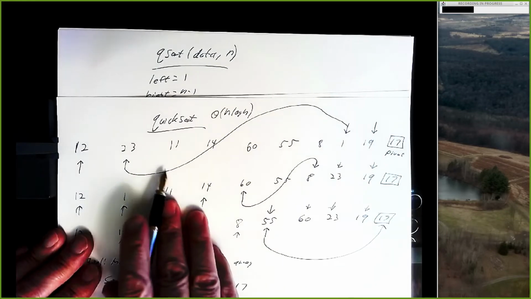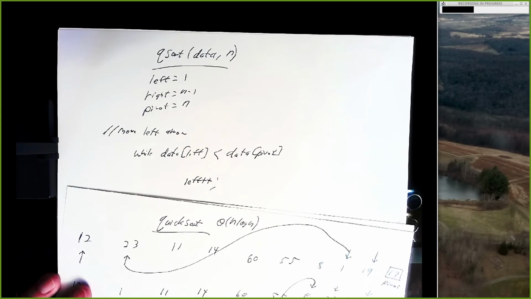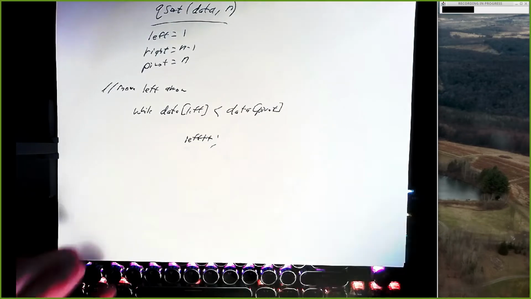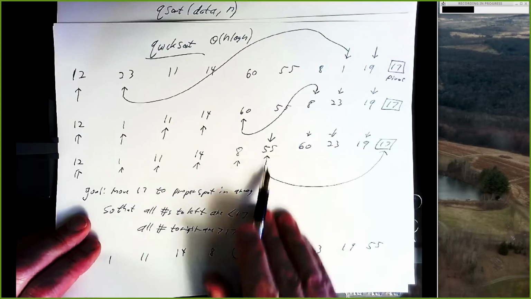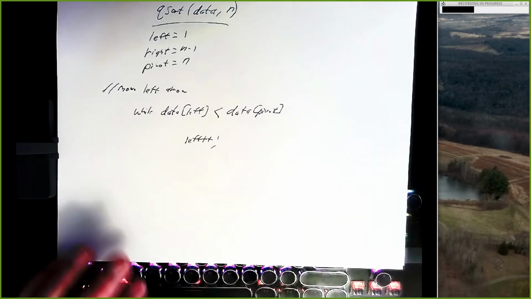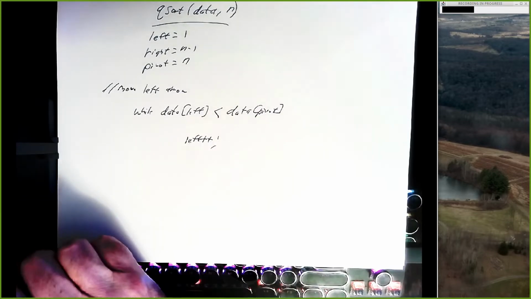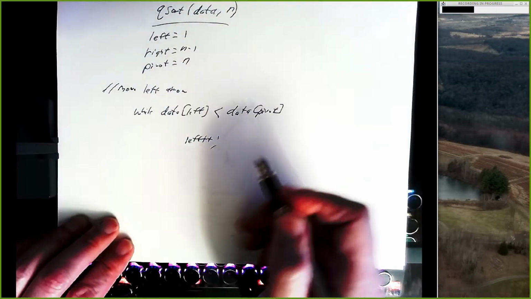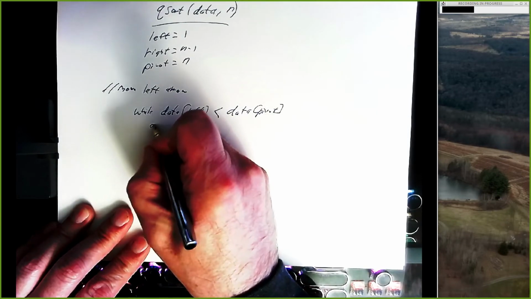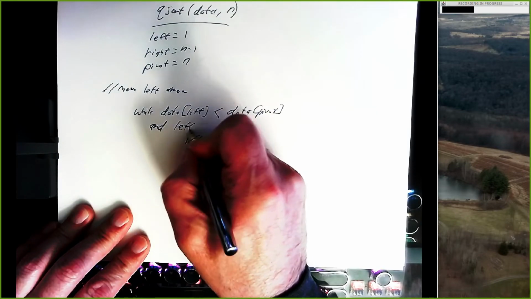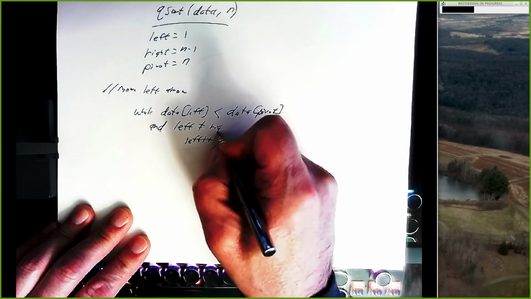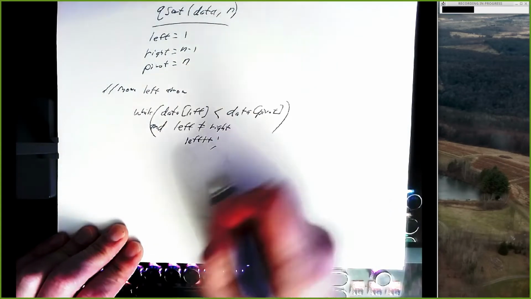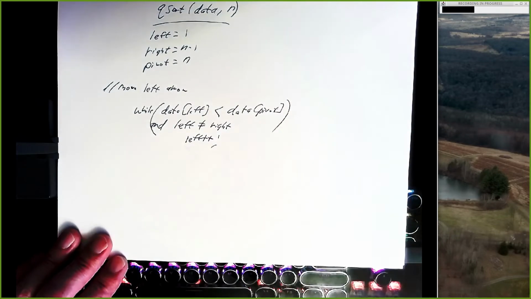So move it over to the next number and so on. And remember, this whole thing's going to end if our left and right arrows ever meet up with each other. So I'm going to say while data[left] is less than data[pivot], and left is not equal to right, I'll move the left arrow over.